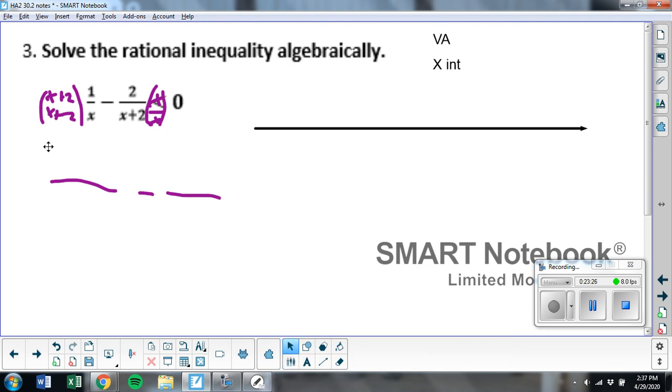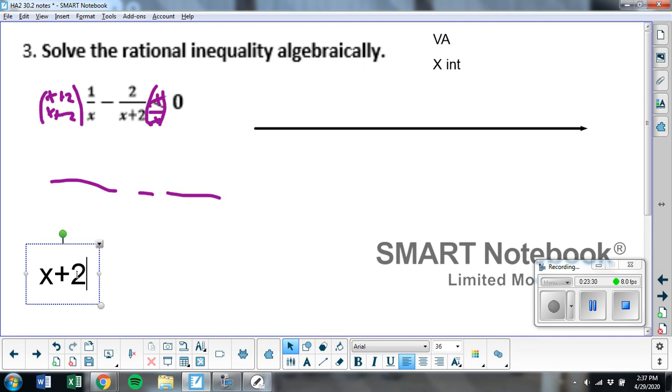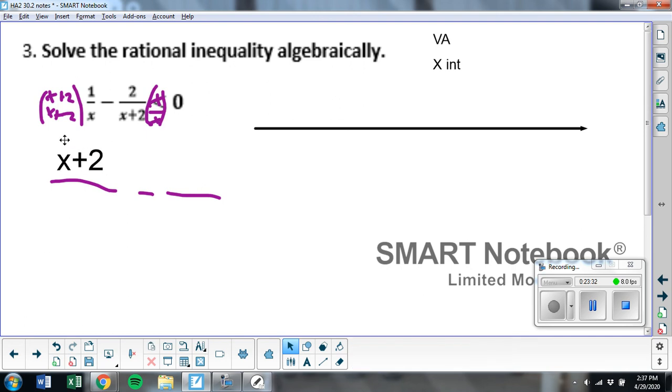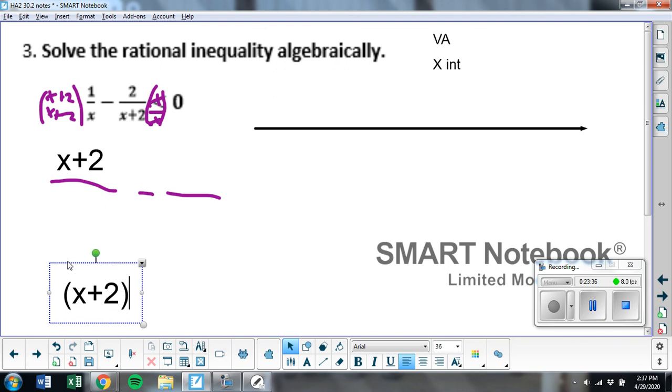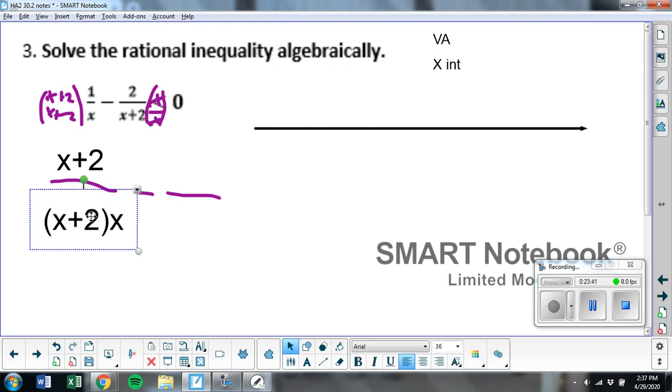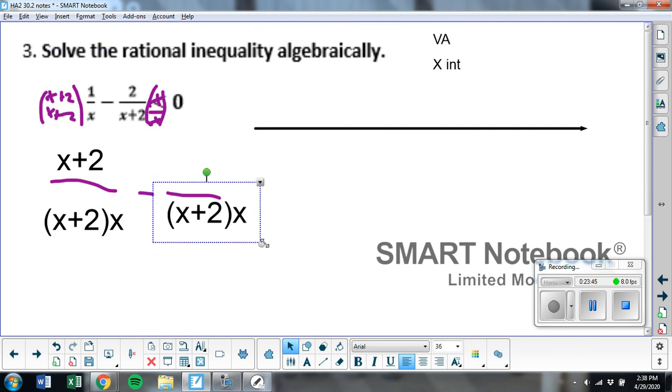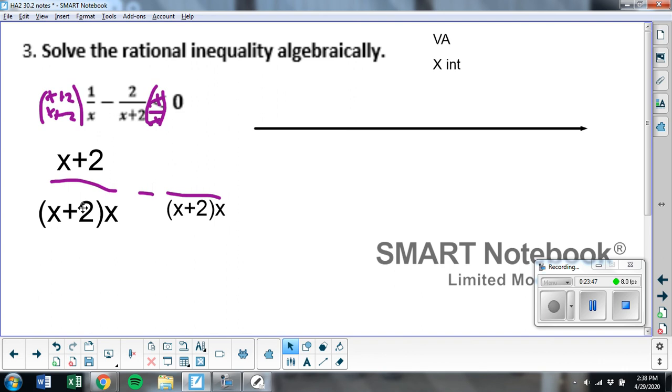So now we're going to have a numerator of x plus 2. My denominator is x plus 2 times x. And my other fraction, when I simplify the numerator, it looks like it's going to be 2x. And less than 0.